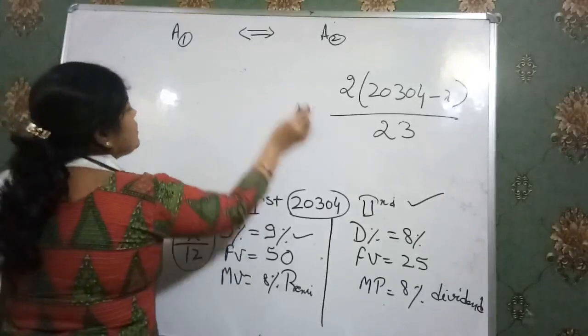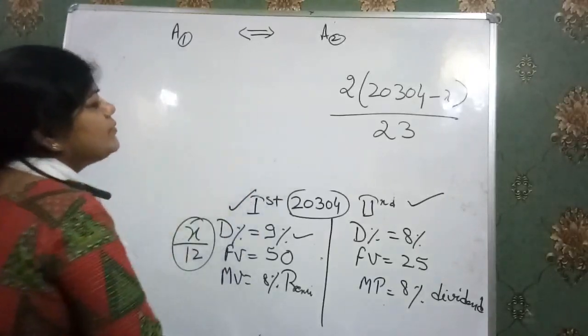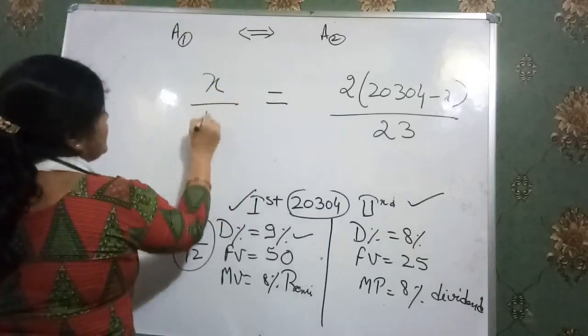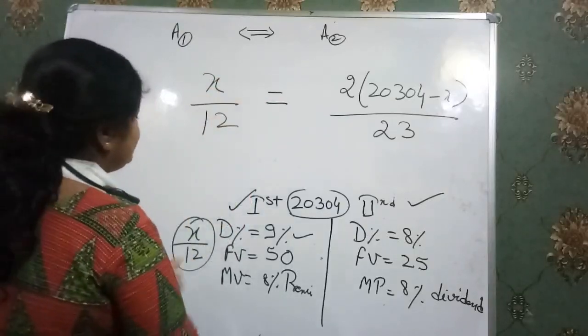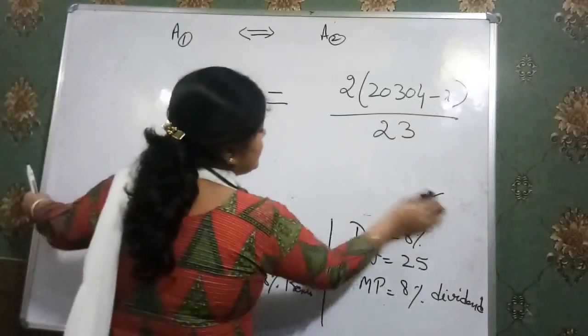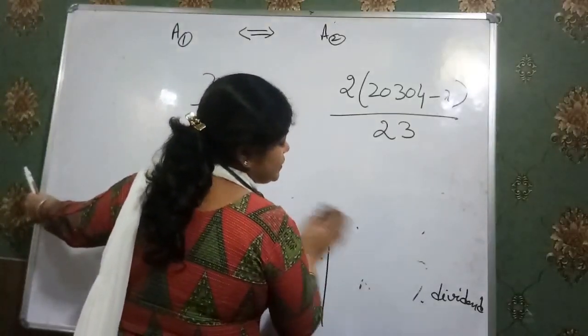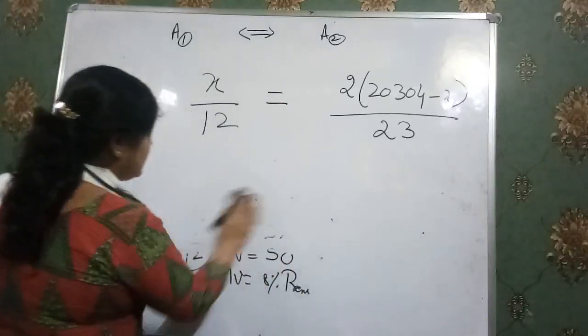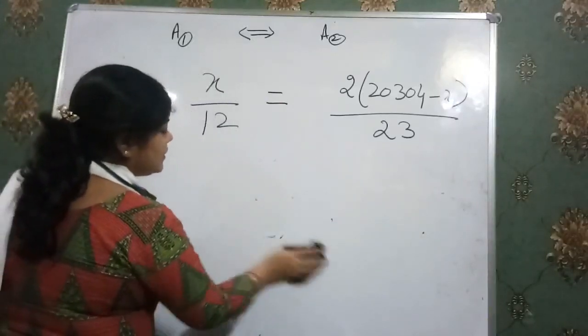This is the annual income the shareholder got from the second company. But it is given in the question that the annual income in both cases is equal. So we just equate it with x over 12. After solving both, we get the value of x, and in this way we get the different amounts of money the shareholder invested in both companies.